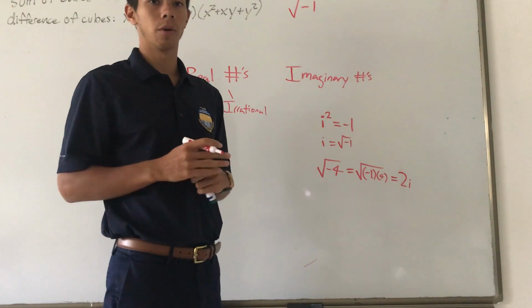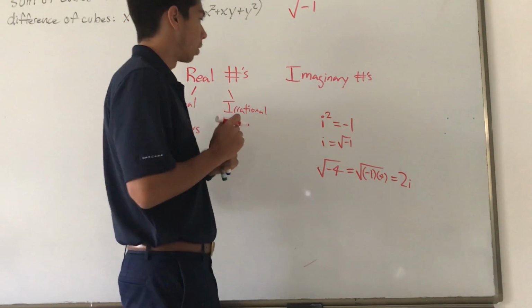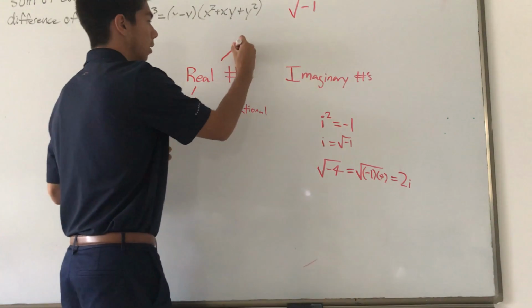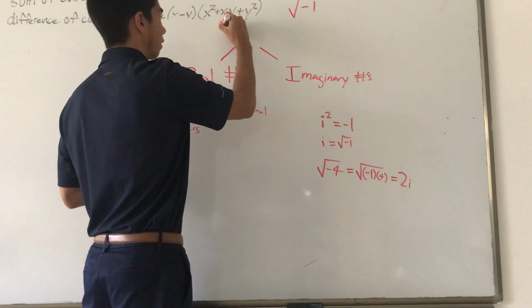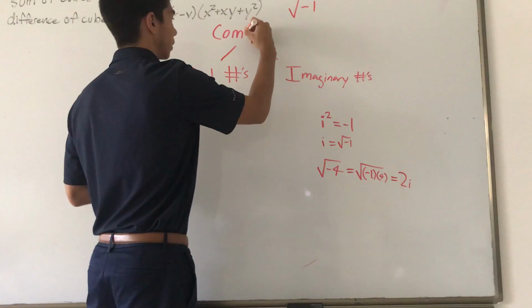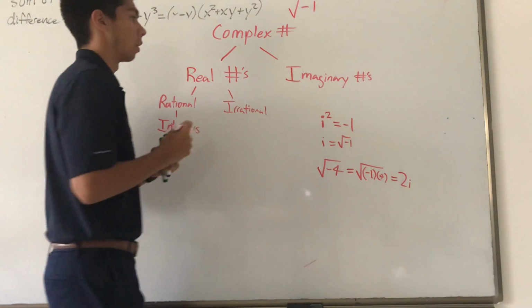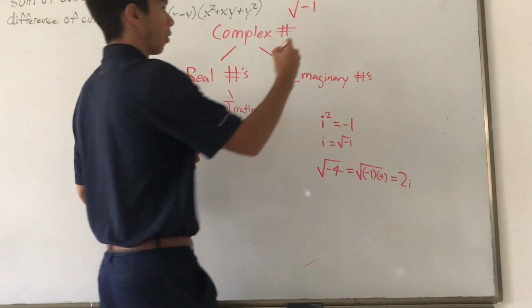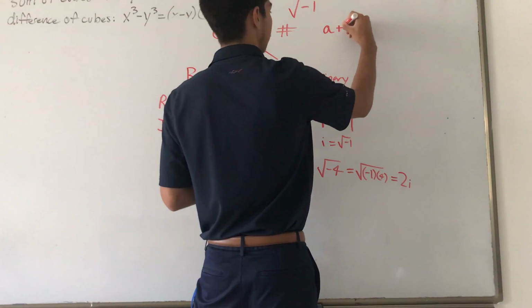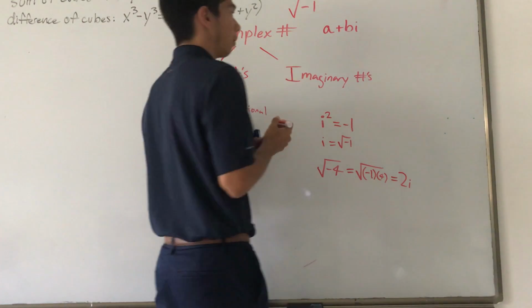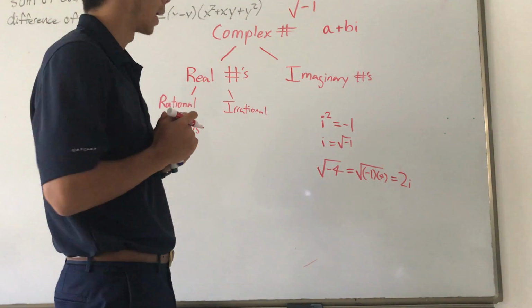We'll practice more moving forward, but you should also know that these two fall under the category of complex numbers. So complex numbers are numbers that have the form a plus bi, where a and b are constants.